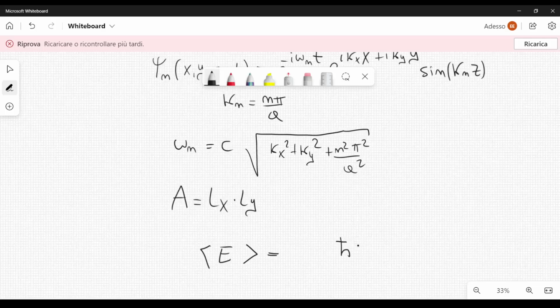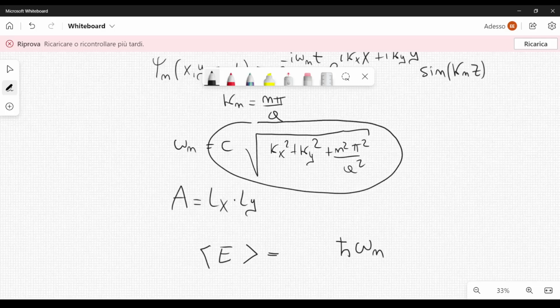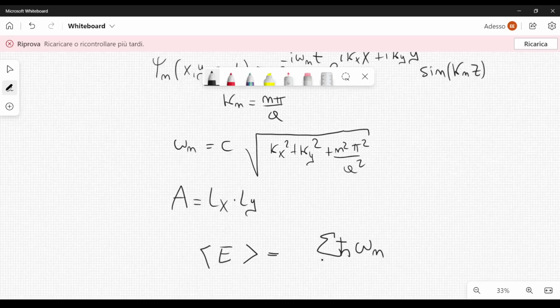So we have h bar times omega sub n, and omega sub n is constrained by this equation. So we have to sum over all the possible values of n from 1 to infinity.